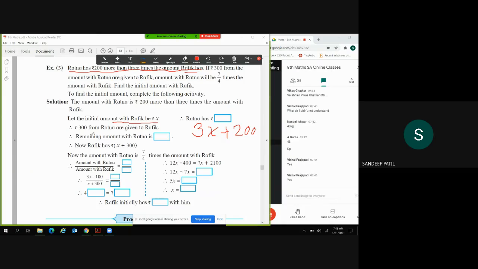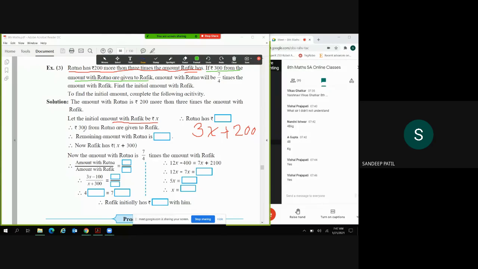That's fine. Okay. So now this is the first statement we have seen. Now go to the second statement. So what is the second statement? If rupees 300 from the amount of Ratna are given to Rafiq, the amount of Ratna will be 7 by 4 times the amount of Rafiq. So Ratna had 3x plus 200.